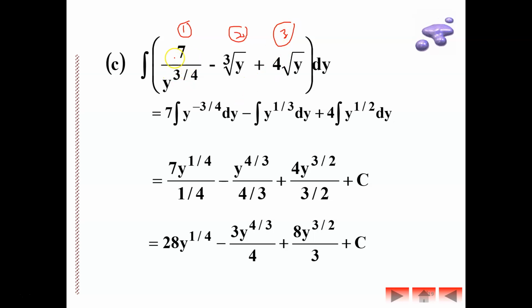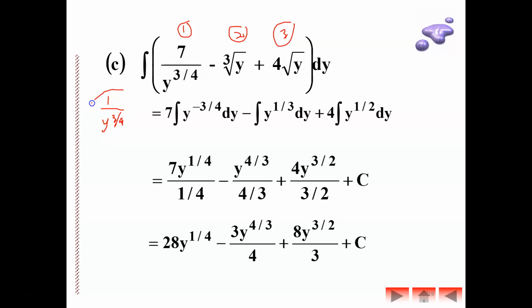So again, what is your constant over here? 7. So 7 is a constant, you put it at the front. So the remaining, you have 1 over the fourth root of y cubed. Since 7 you already put at the front, so the remaining is just y to the power of 3 over 4.